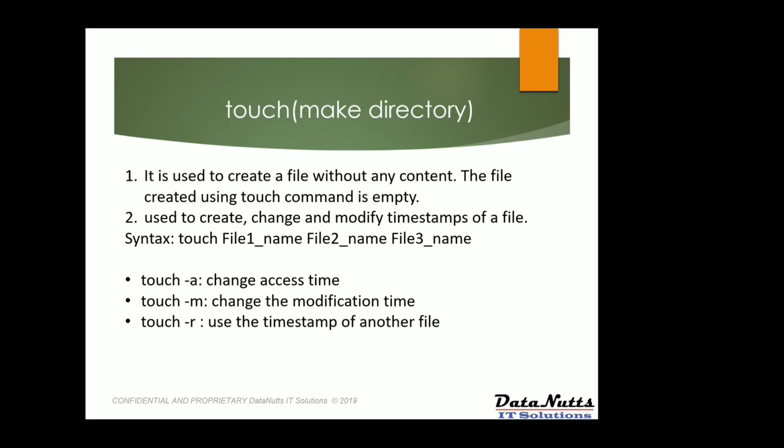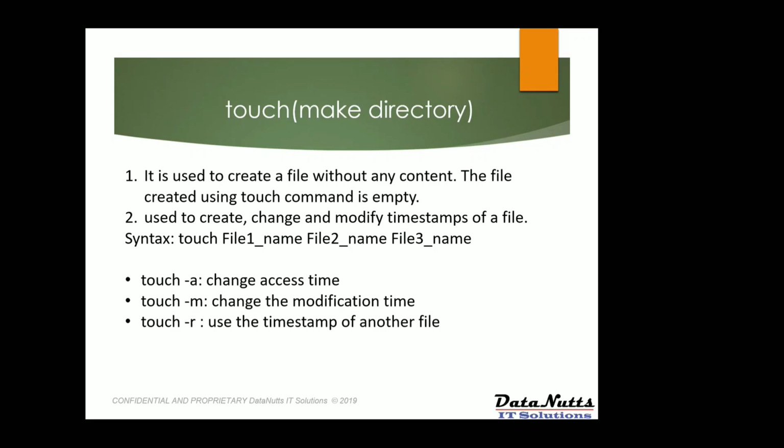Now I want to change the timestamp of this file based on the timestamp of the other. So I can pass touch minus r with the first file and the second file. Based on the first file, it will take the timestamp of the second file. So there is no need to do it manually. You can pass the timestamp of another file to a different file also. Let me show you one by one what I mean.